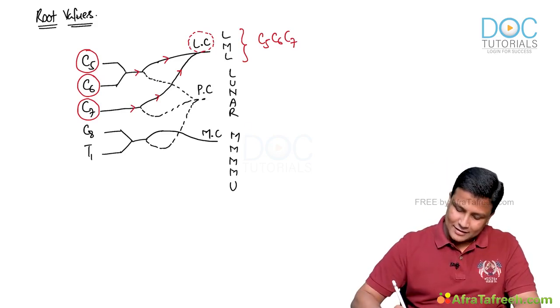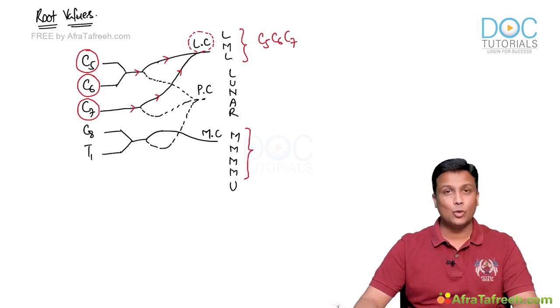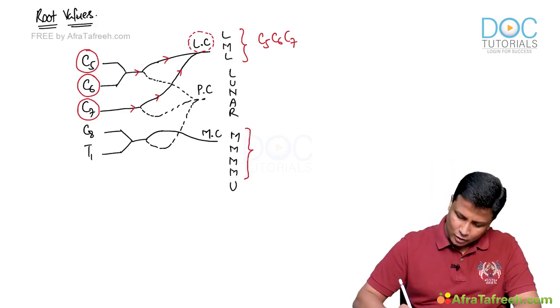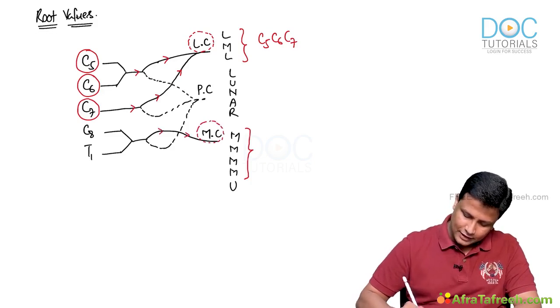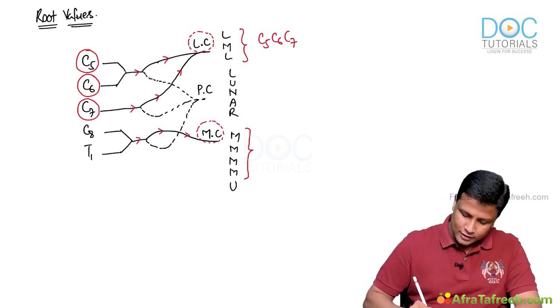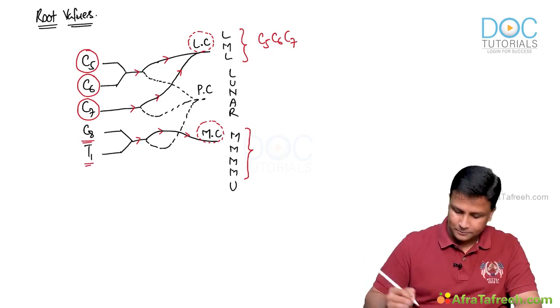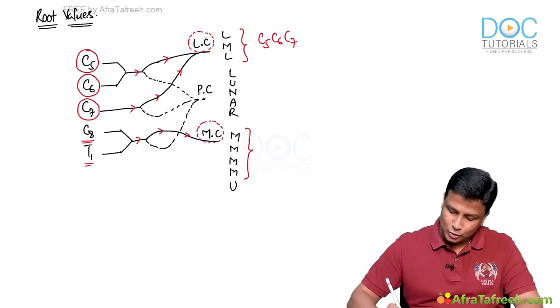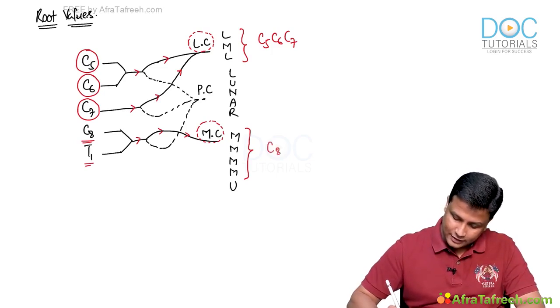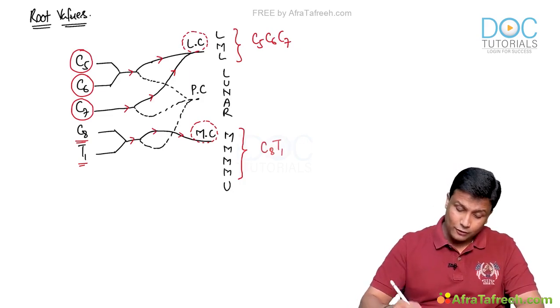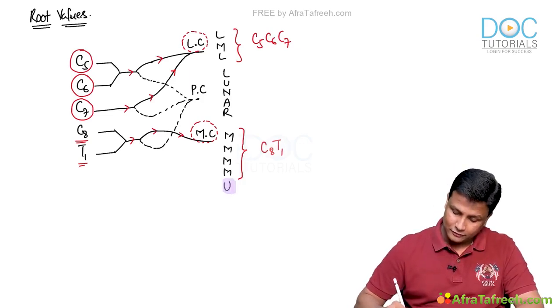Now similarly, apply the same logic and find out what is the root value of medial cord branches, M4U. Medial cord will be the continuation of the anterior division of lower trunk. And lower trunk is formed by C8 and T1. We all know that the lower trunk is formed by C8 and T1. So therefore, its root value will actually be C8 and T1, guys. But here, I want all of you to remember the ulnar nerve.